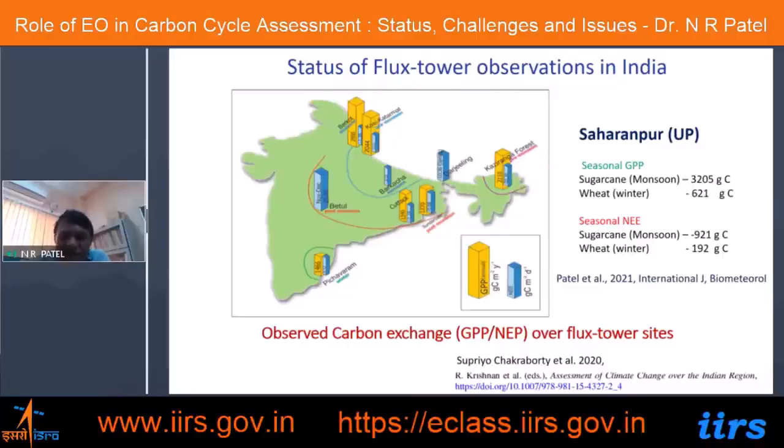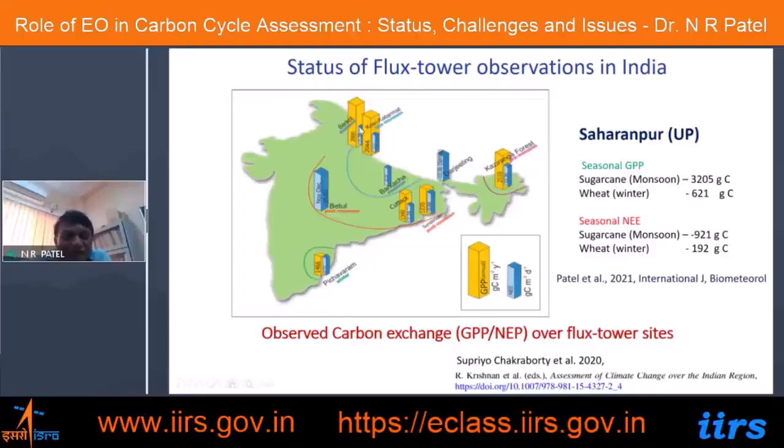In India, there is Saharanpur where we are monitoring. Sugarcane has a very high amount of GPP. If you see, a very high amount of GPP is there in the sugarcane-wheat ecosystem in Saharanpur, and it is one of the high biomass carbon sites and appears to be a sink of carbon.